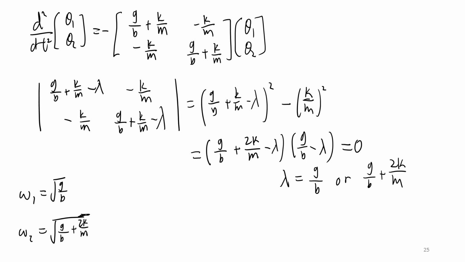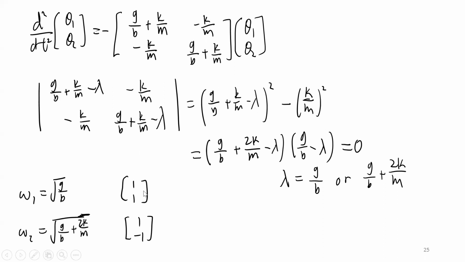Okay. You can try to verify that the eigenvectors for the two eigenvalues are (1, 1) and (1, -1) respectively.